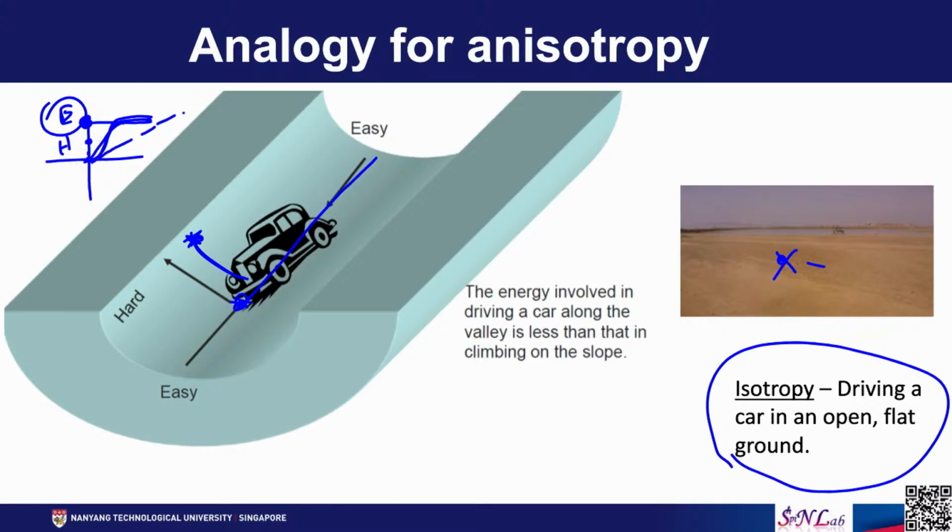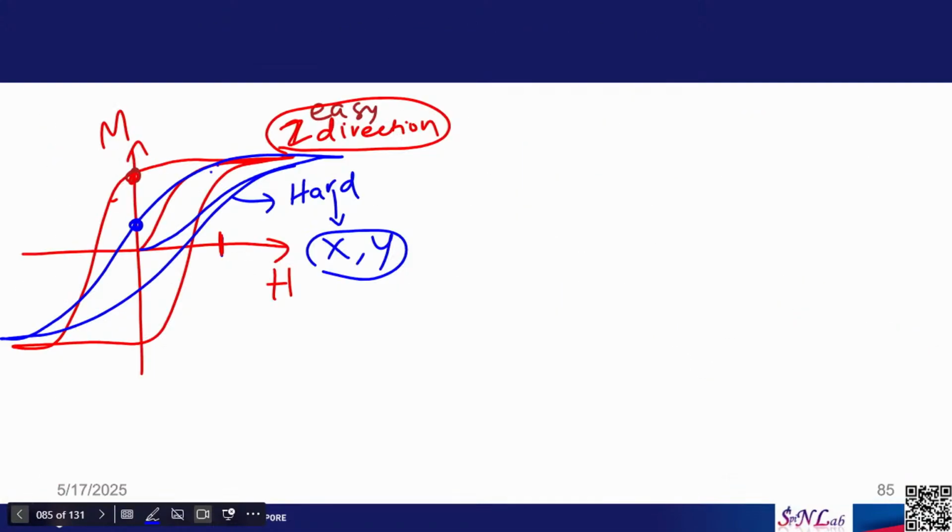Depending on the property of the material that you make, in the hard direction you will basically retain much less. That also explains what I have drawn here. You can see in the easy direction we have retained much of the magnetization, in the hard direction we retained less. Okay. So, these are the important properties of anisotropy.